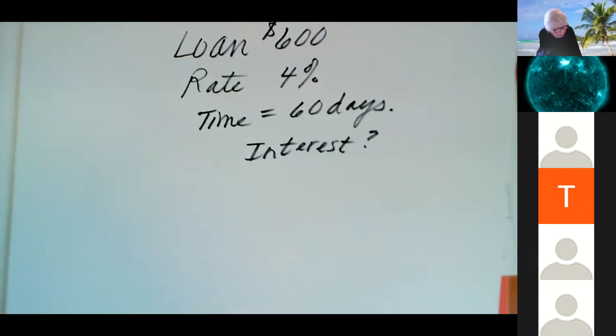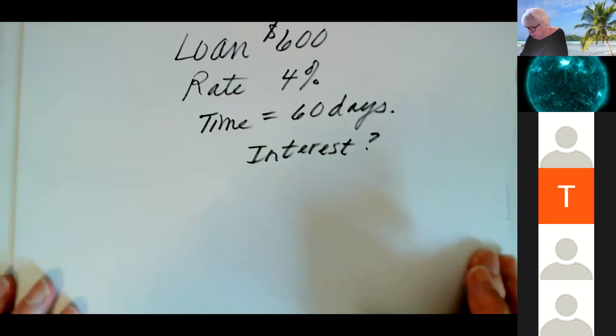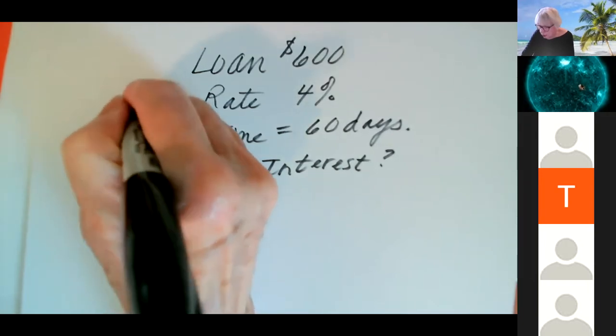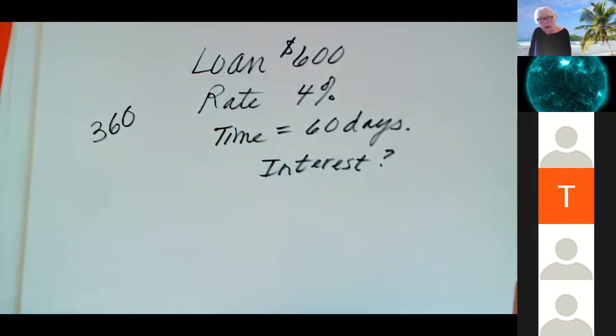Now, we all know there's 365 days in a year, but in this particular example, they're using a year is 360. Why are they doing 360? Because it makes the calculation easier, and maybe you didn't need to know to the nearest penny, you just needed to know approximately what it's going to cost.